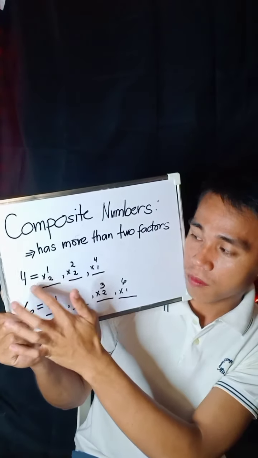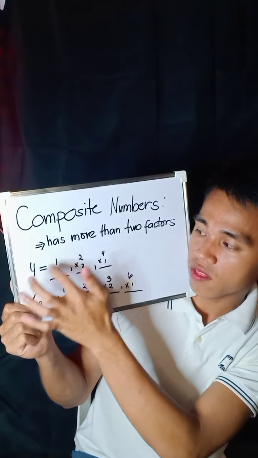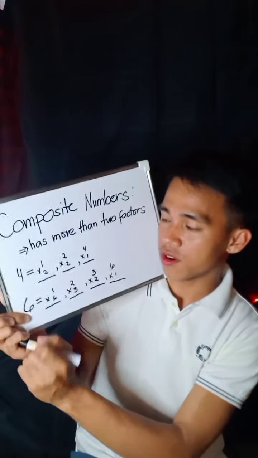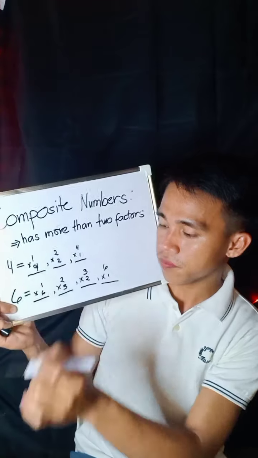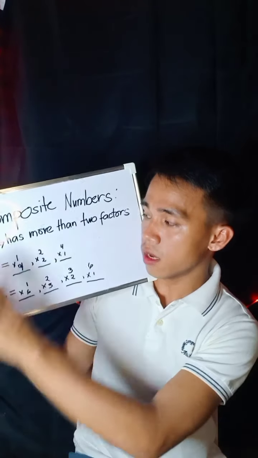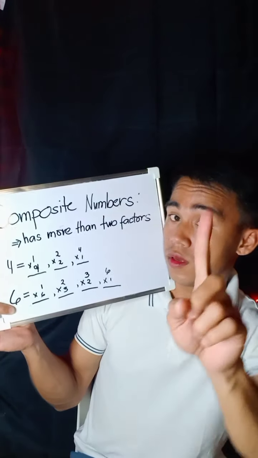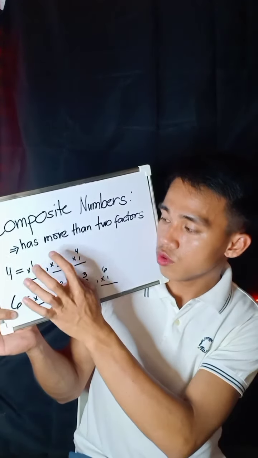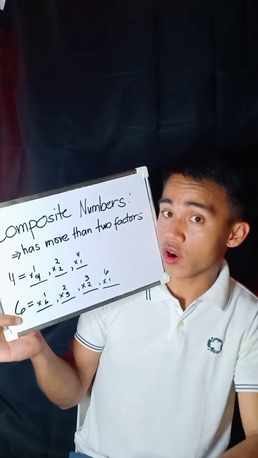So for 4, you can get 1 times 4 equals 4. That is the first factor. 2 times 2 is 4.